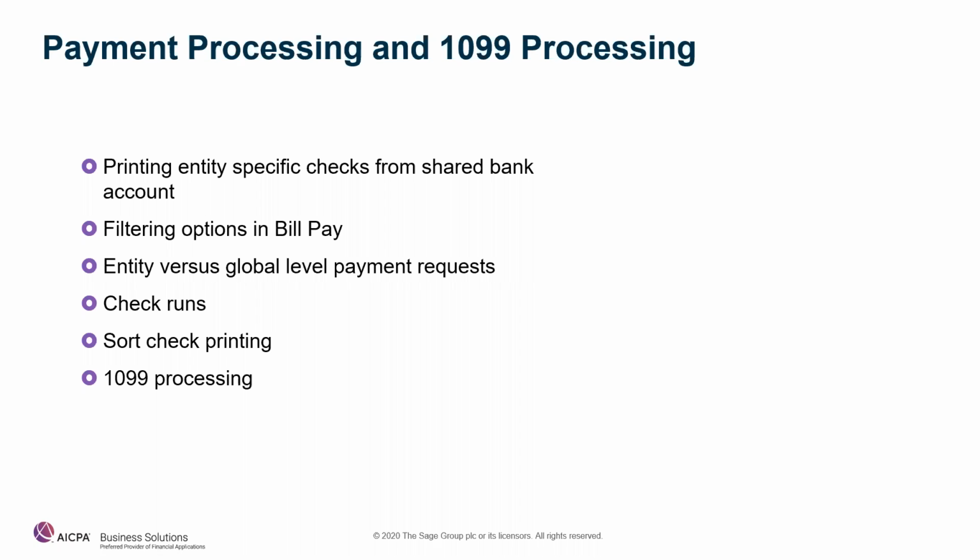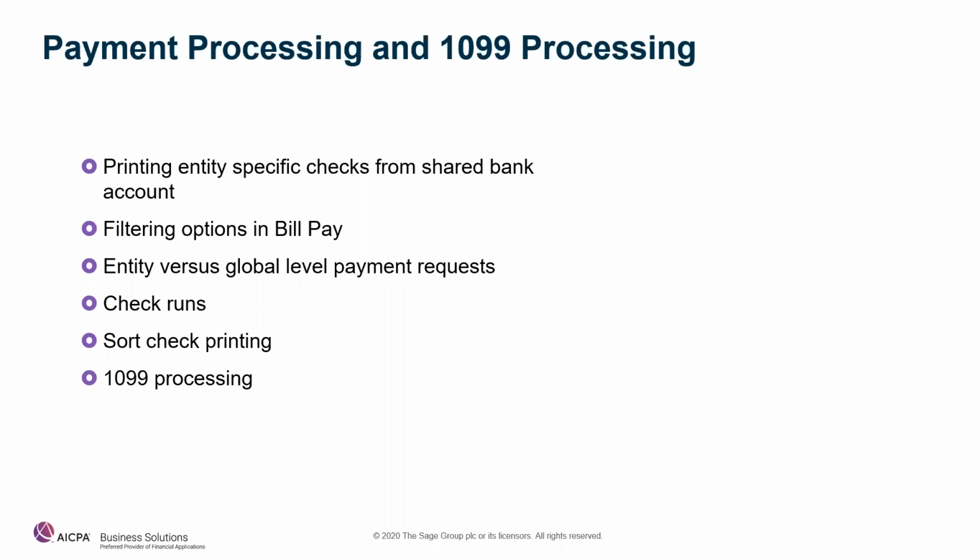You can also set up filtering options in bill pay so that you can very quickly determine who needs to be paid and not miss any of those terms discounts. You also can utilize ACH if that's a path that you've taken to get your bills paid. So certainly you can utilize ACH, a little bit of setup on the vendor side, a little setup in the cash management application, and then those payments will be made electronically by your bank.